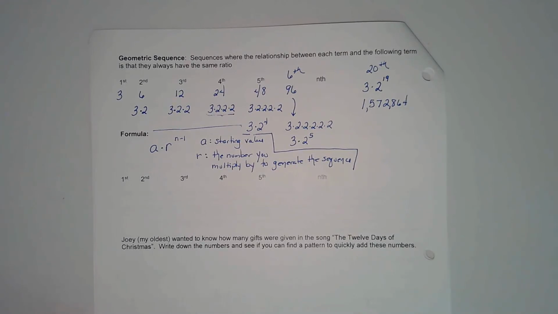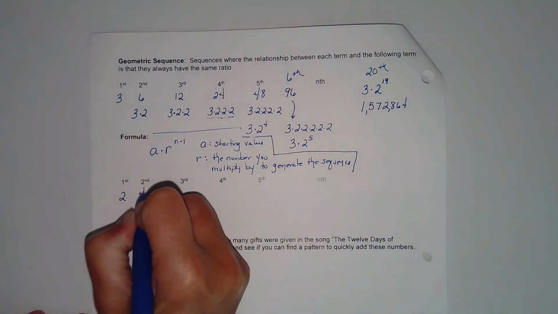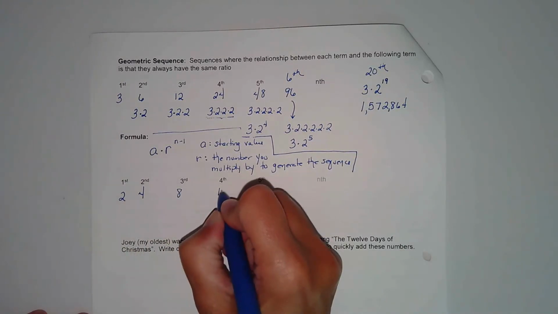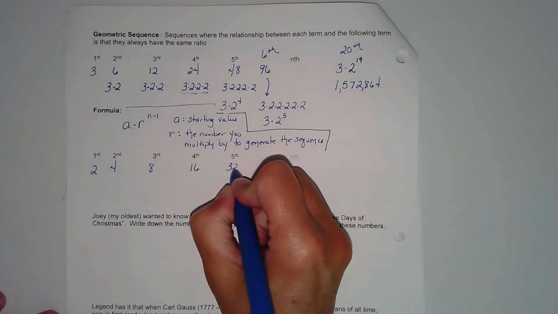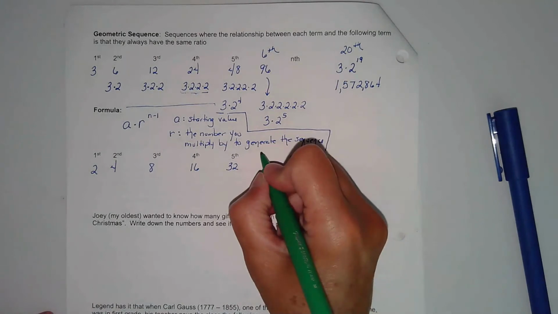The last sequence for this started off with a 2, then 4, then 8, 16, 32. I'm writing this one down, the fourth one. I'm hoping you can see this.